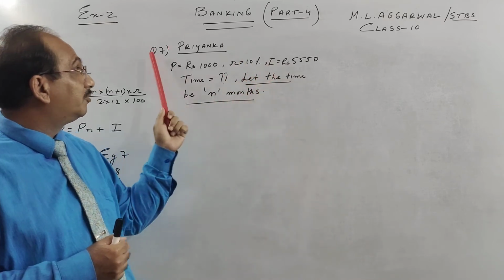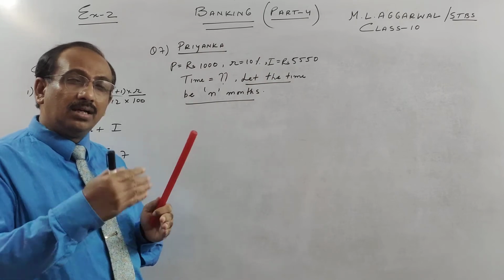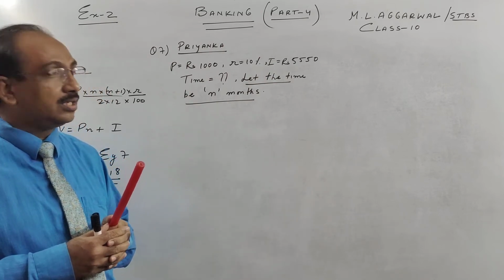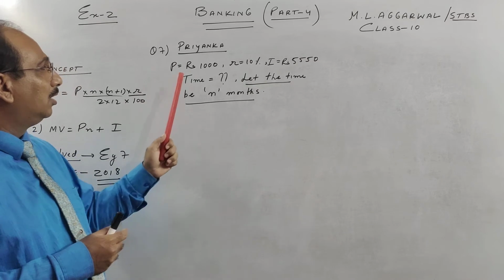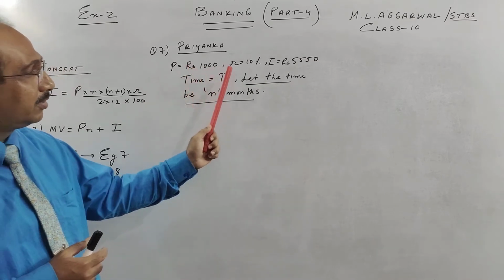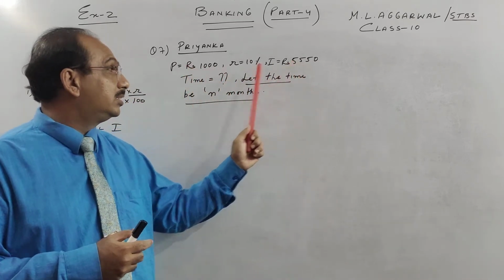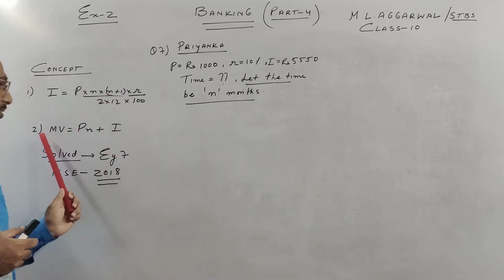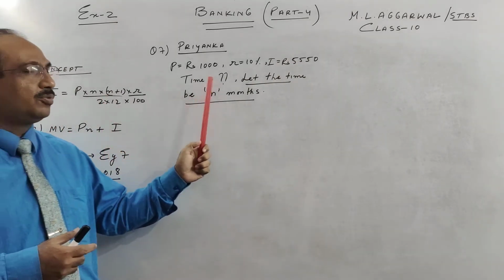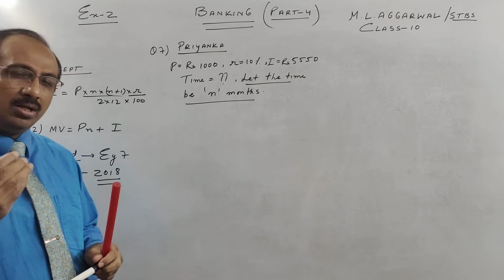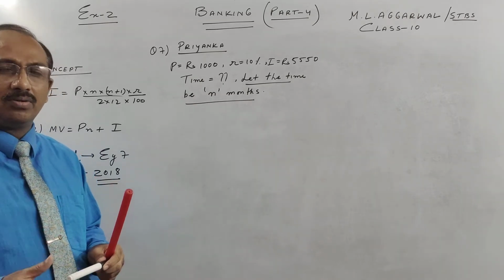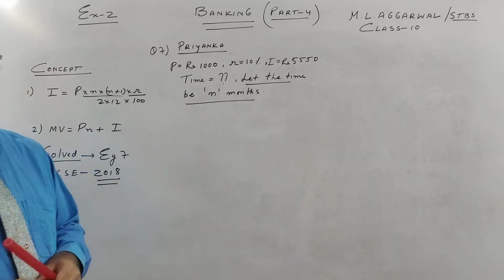So remember, this is the difference between my first question and the second and last question which I'll take in the later part of this session. So she puts 1,000 rupees at rate of 10%, and this is the interest she gets, not the maturity value. So we have to find for how much time in months, and months we will convert into years, she had put the money in the bank.